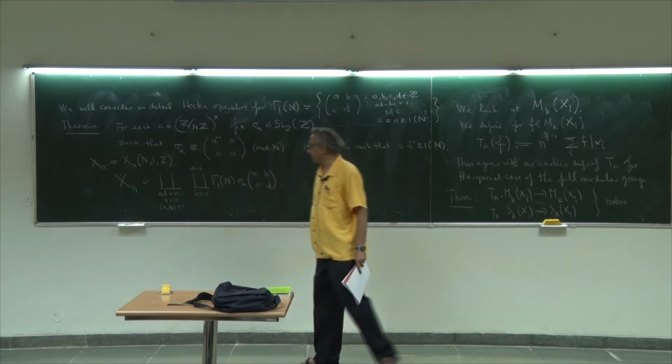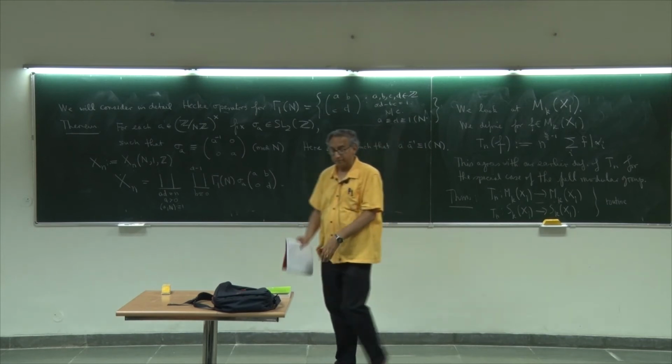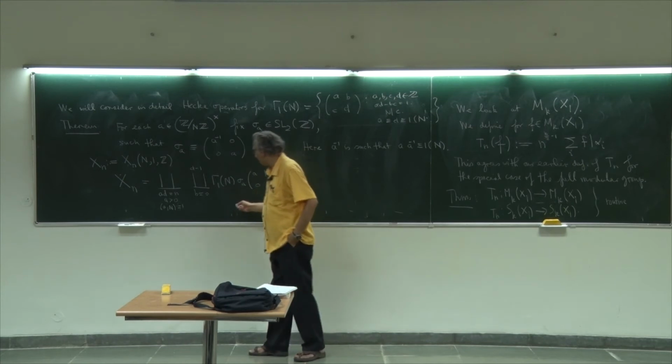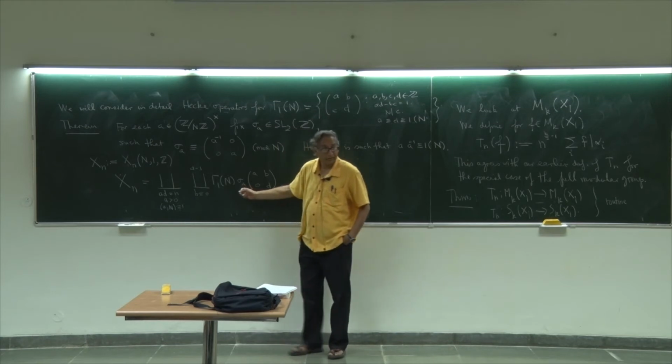Okay, so this is our decomposition of the set as a union of orbits. Remember, in the earlier case, we didn't have this element. Earlier, we just had the identity element.